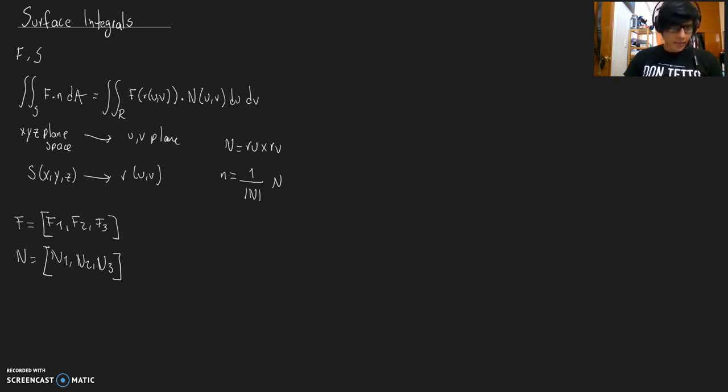Thus, we can make another representation of this surface integral as this one: F1 times n1 plus F2 times n2 plus F3 times n3, and all that multiplied by du dv.